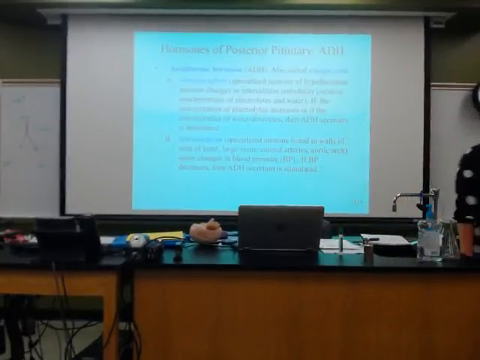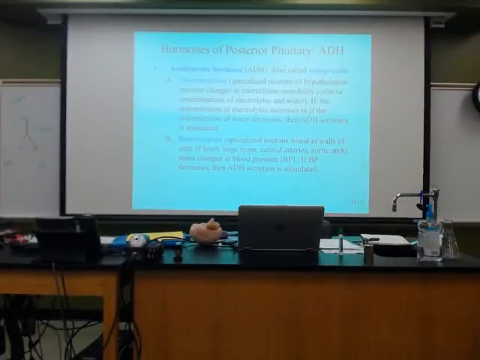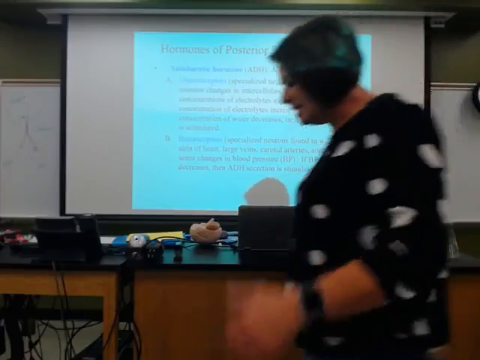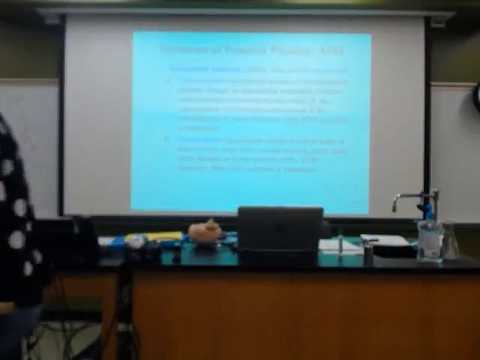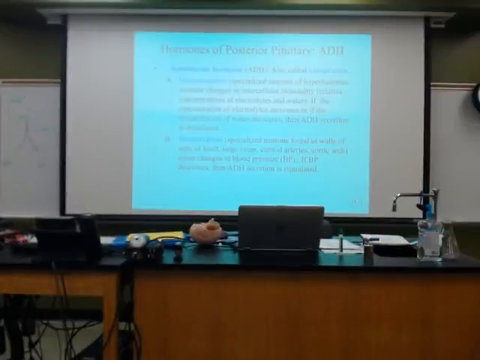One of the hormones that's controlled by the posterior pituitary is anti-diuretic hormone. When you hear anti-diuretic, well, let's take it down even lower. Diuretic. What up? Going to the bathroom.